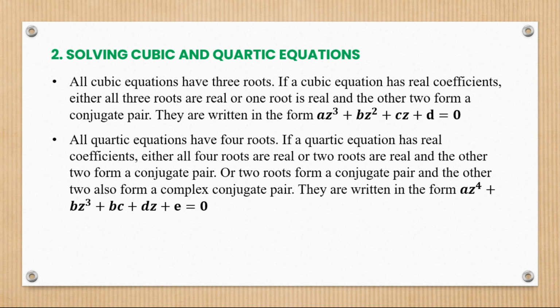This is just some knowledge you should have when it comes to cubic and quartic equations. The most important thing to remember is that a cubic equation has 3 roots in the final answer, and a quartic equation must have 4 roots.